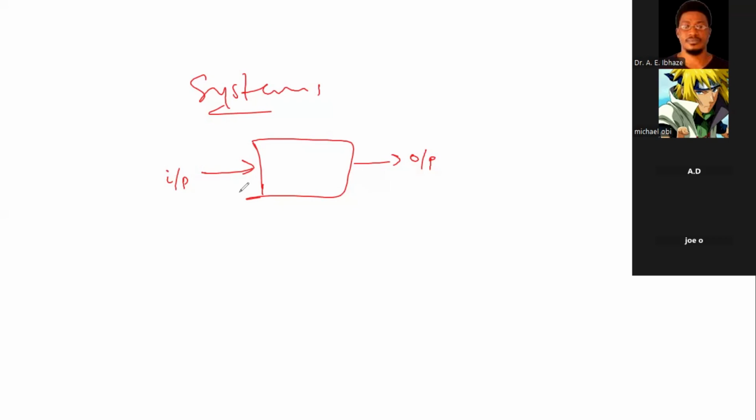So what makes a system is that it has an interface where we can feed in the input, and we also have an interface for the output. So with this, we can actually pull through for robotics, okay?